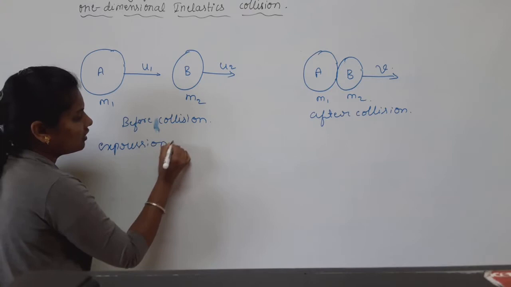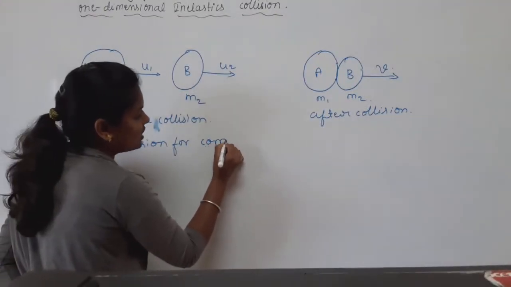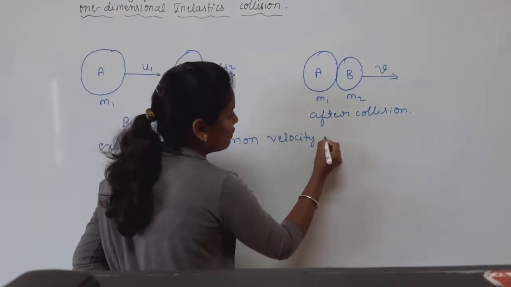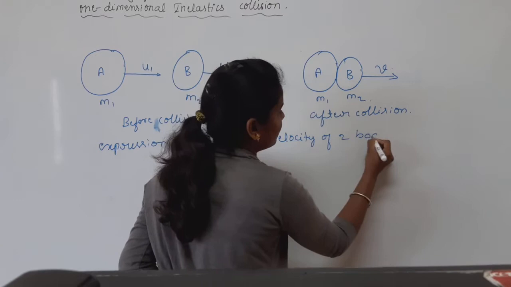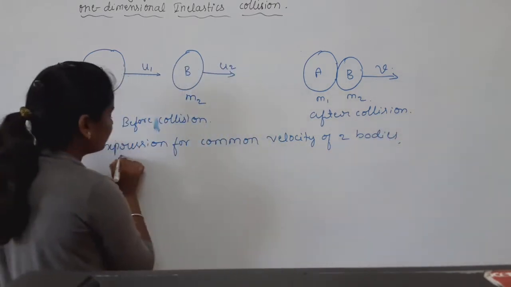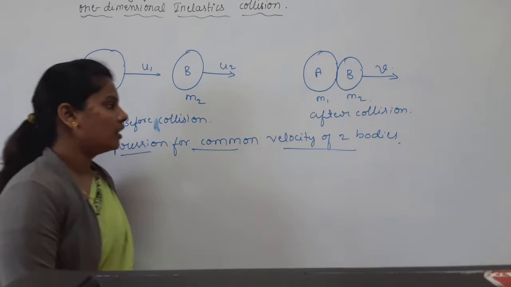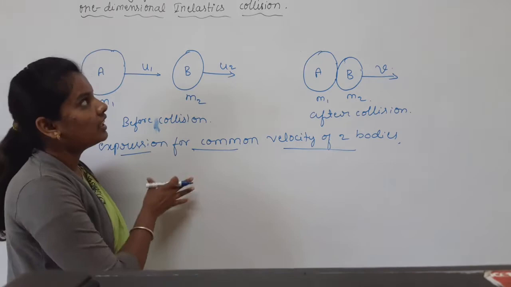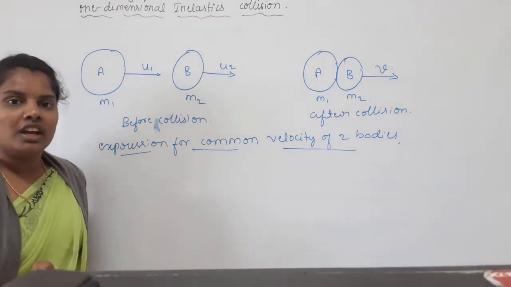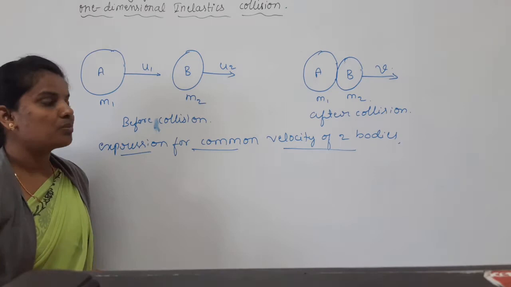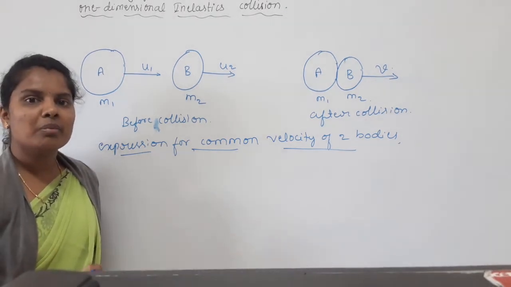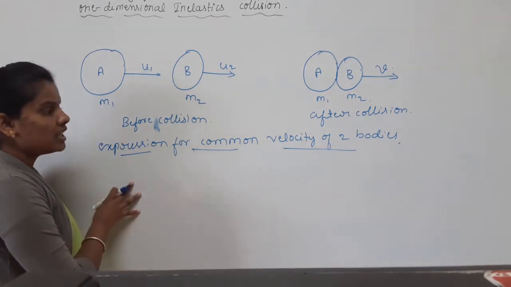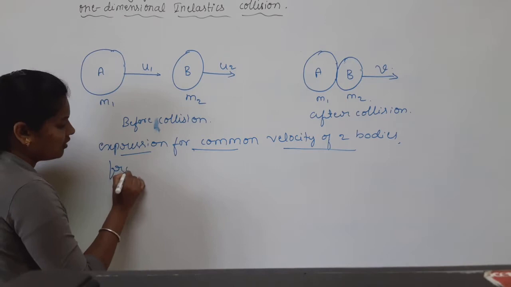Now let us derive the expression for the common velocity of the two bodies. We know the law of conservation of momentum applies in an inelastic collision. In an inelastic collision, momentum is conserved but kinetic energy is not the same.